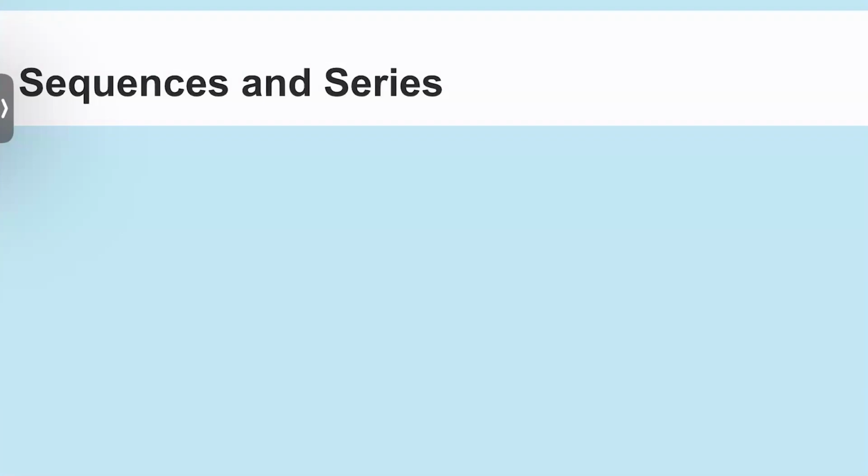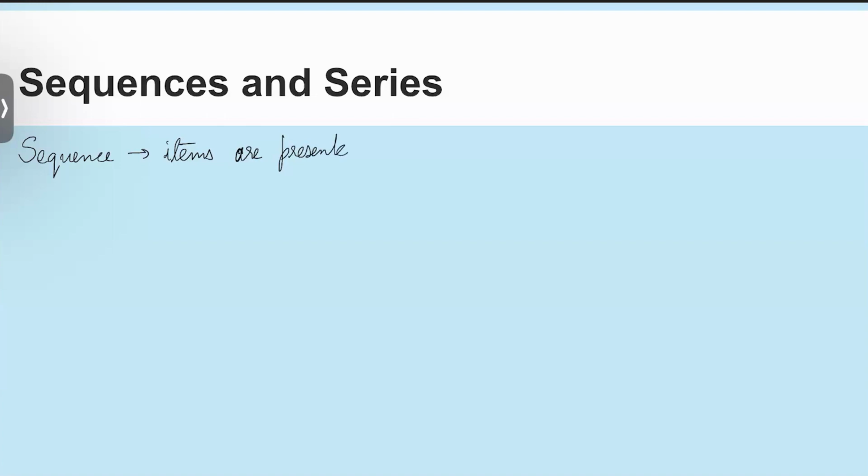So what is a sequence? In the literal sense, sequence means that there is a pattern which is followed. A sequence is items ordered, or presented, in a certain order or pattern.